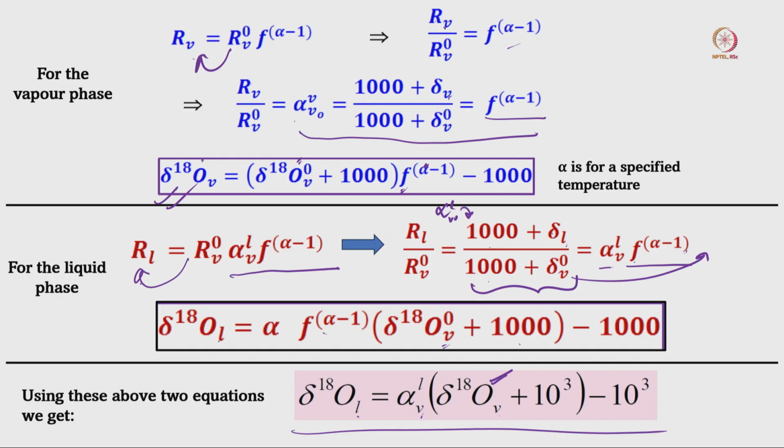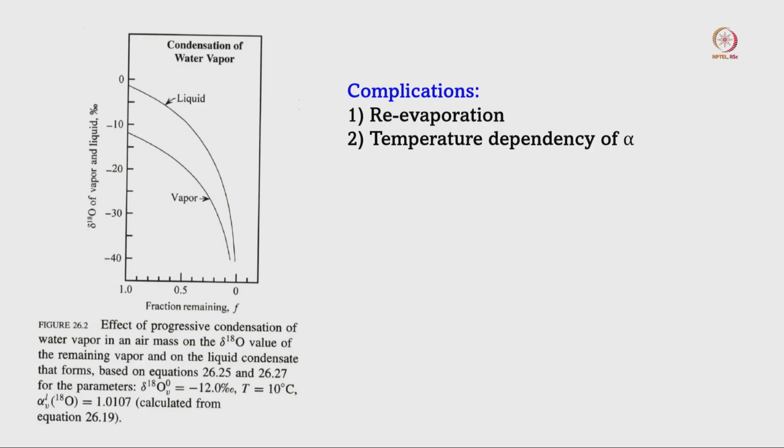So, this is a very, very important equation. It is a very important application of the stable isotope delta 18O in finding out the source vapor's isotope composition and its fractional changes.